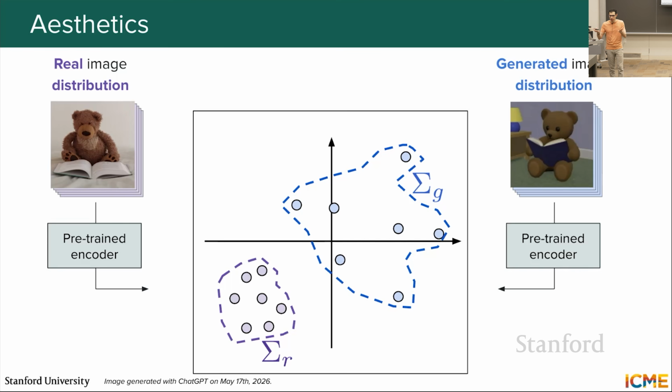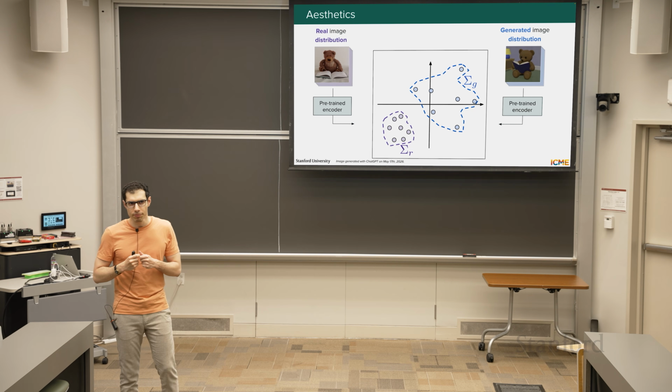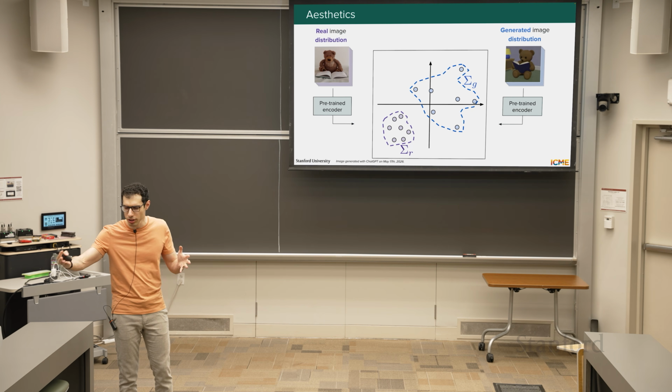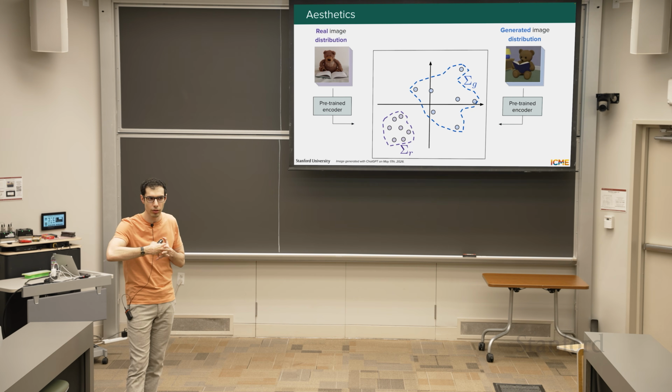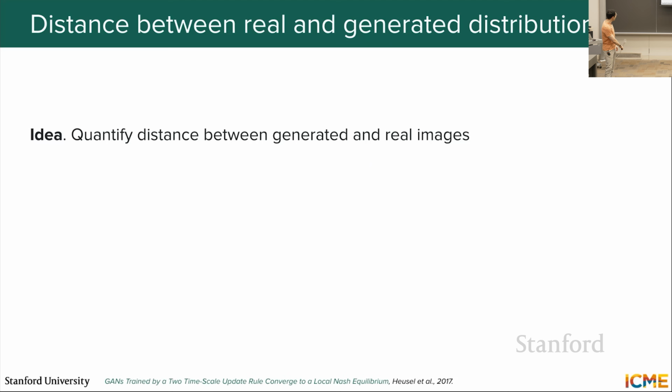The covariance matrix is a quantity that tells you how spread out your distribution is, and also what the directions of that spread are. By the way, why would you want to quantify the spread? Well, you also want your generated images to be diverse. So here the spread quantifies how diverse your generated images are. And so, as I mentioned, what we want is to quantify the distance between these two distributions.